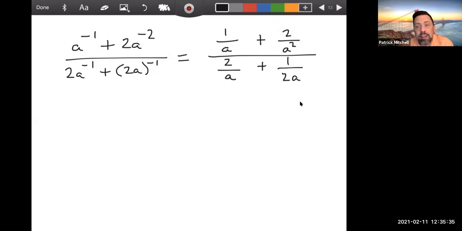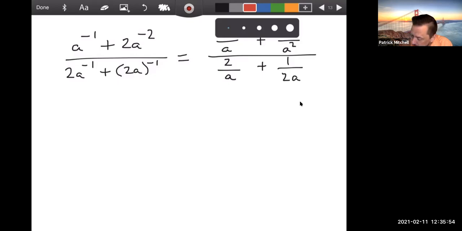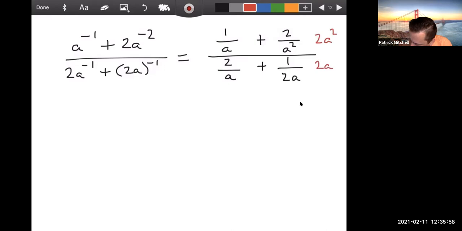So now you just have to decide, do you want to use method 1 or method 2? This would be a good time to pause the video and try to finish this problem off. I'm going to use method 2. Surprise, surprise. So the LCD that would cover all 4 of these little fractions would be 2a squared. So let's distribute that 2a squared.